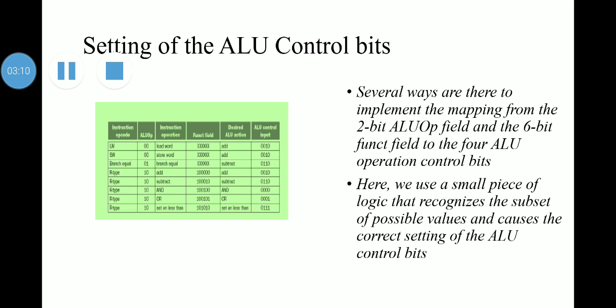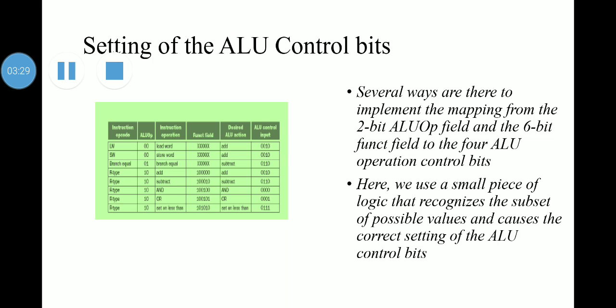Using multiple levels of control can reduce the size of the main control unit. Using several smaller control units may also potentially increase the speed of the control unit. Such optimizations are very important since the speed of the control unit is often critical to clock cycle time.